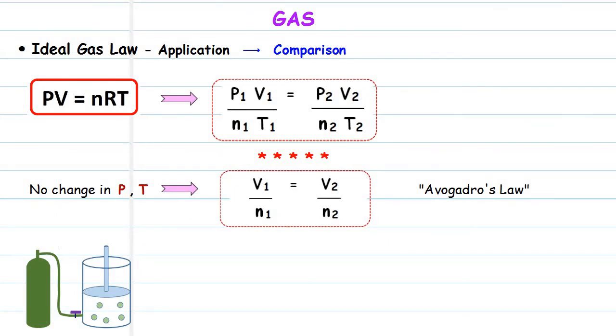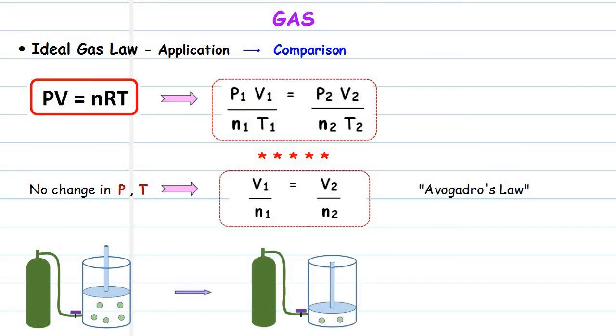For Avogadro's law, let's say we have a container that is externally connected to a gas cylinder, and the gas can be pumped in or out of the container. When the container is kept at a constant pressure and temperature, and we pump the gas particles out of the container, the number of particles in the container will decrease, and the volume has to decrease too in order to keep the pressure constant.